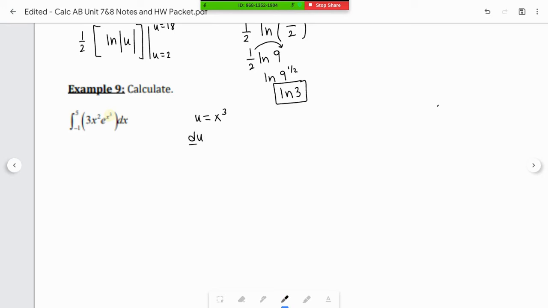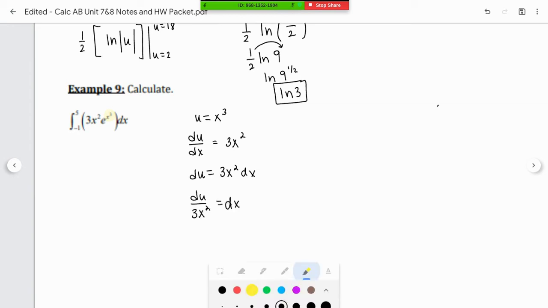So taking my derivative, that gives me 3x squared. And then solving this equation for dx gives me du over 3x squared is equal to dx. And so then we're going to go ahead and plug that in for dx here.